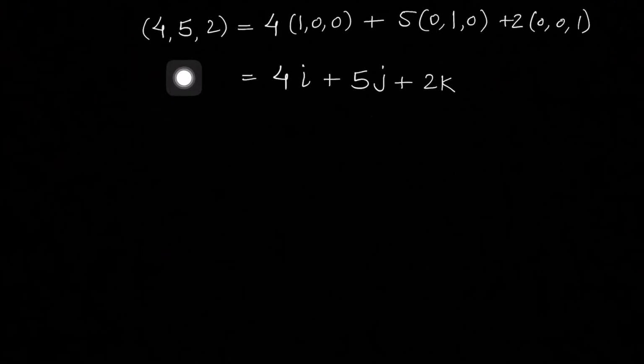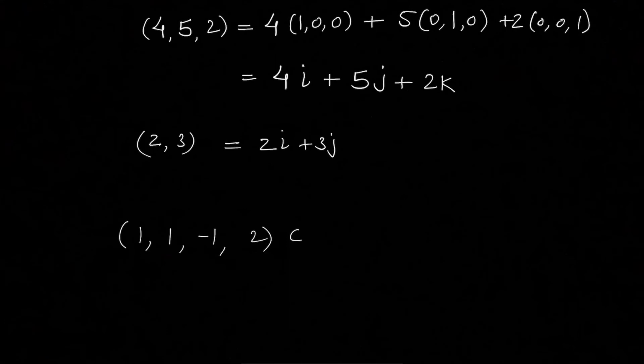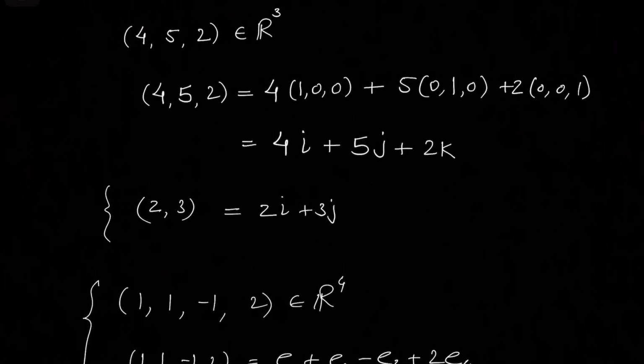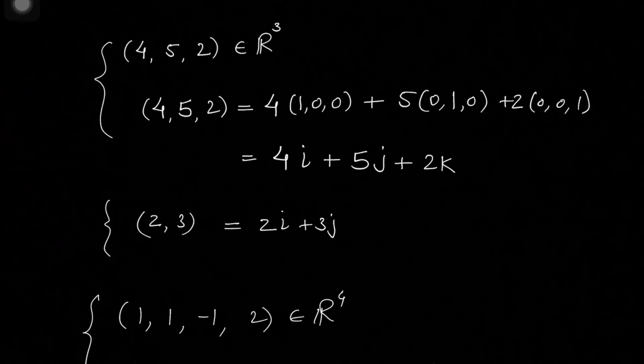They are vectors in R3. Similarly, if you have any vector in R2, you can write it this way. Suppose you have any vector in R4, it can be written as a combination, where E1, E2, E3, E4 are the standard unit vectors for R4. I hope these expressions are clear to you. Now let us discuss the normalization process.